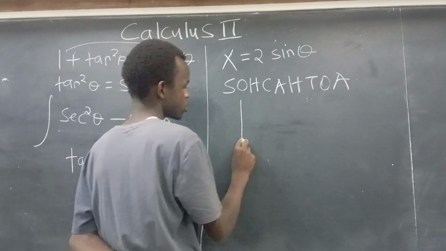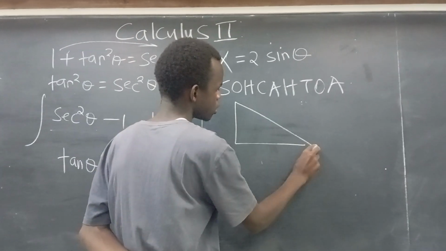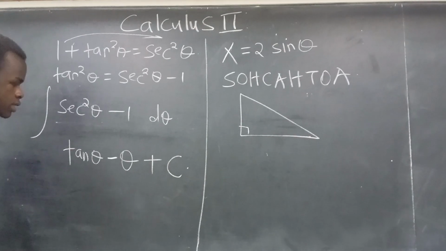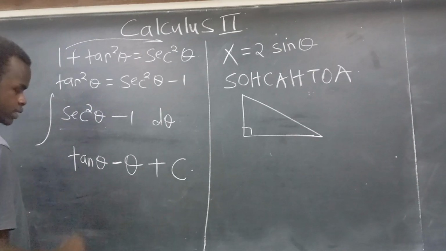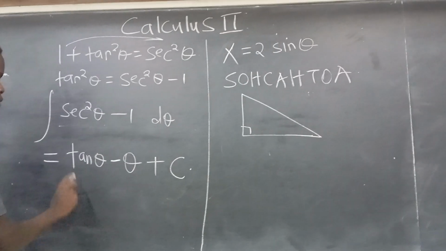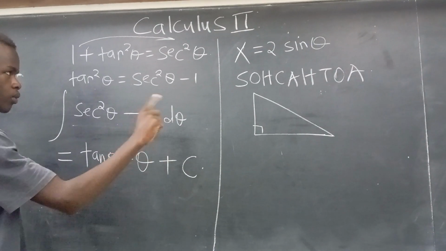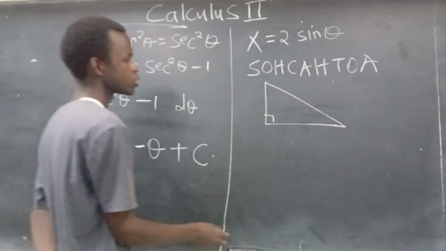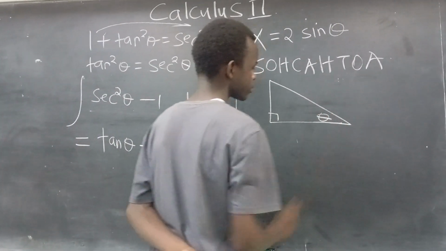Let me just draw the triangle. This is our supposed answer, but we'll have to replace tan of theta and theta alone with the variable. So let me choose my theta to be that.